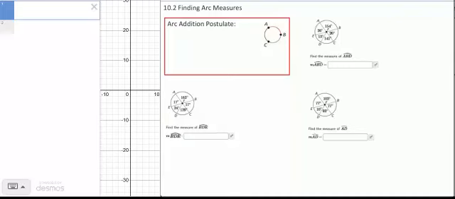The sum of the parts is equal to the whole, and that works for arcs as well. So if we took the measure of arc AB and added the measure of arc BC, together they would form the whole arc measure from A to B to C.